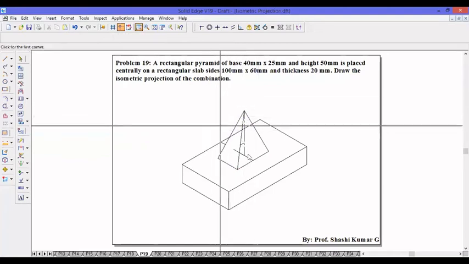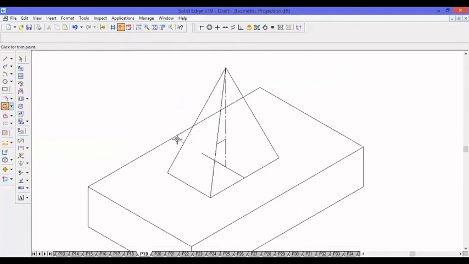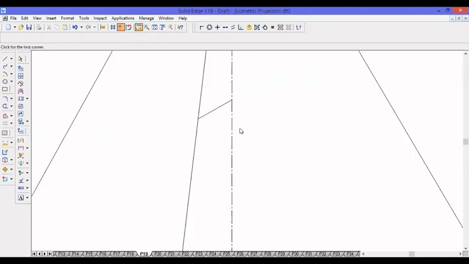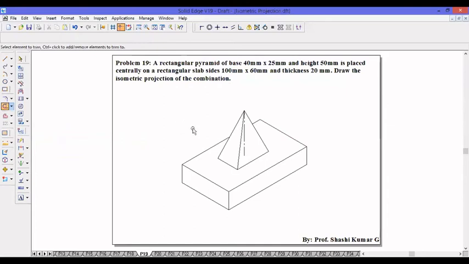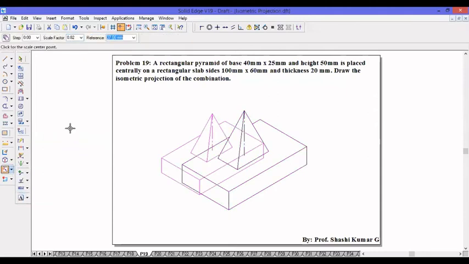Take zoom, construction lines are not required. This edge is going to be invisible because the rectangular pyramid solid will hide the other edge of the prism. So take scale factor 0.8164 and place it.